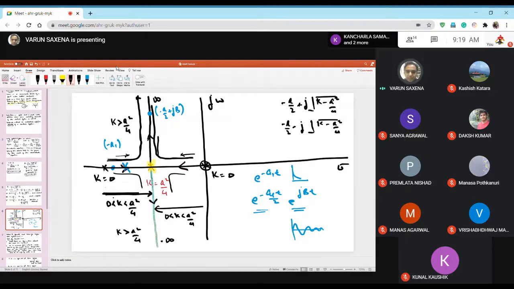And as you increased k from 0 to a square by 4, this root location started to move from minus a towards minus a by 2, and from 0 it started to move towards minus a by 2. So you see those black arrows pointing towards minus a by 2. At this point where I have given a fluorescent highlight, this is the minus a by 2 point, and this is achieved when k is a square by 4.